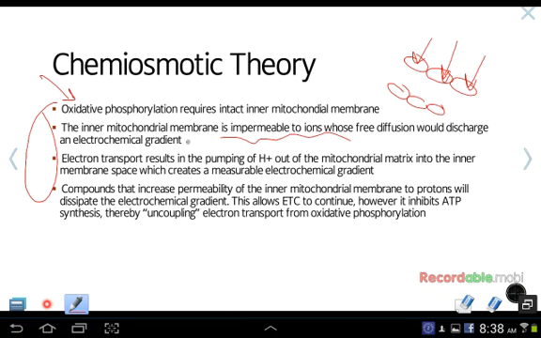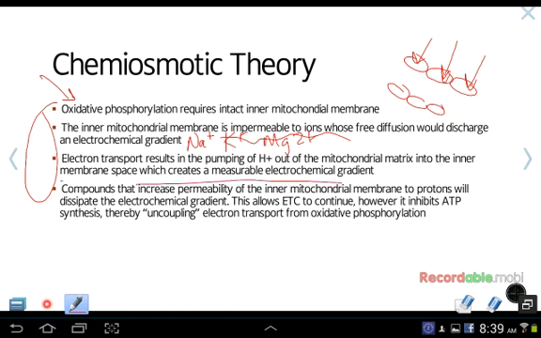So that also encompasses sodium as well as potassium and magnesium. Because if these ions could also go through the membrane, then that would also dissipate the electrochemical gradient we're trying to make. Electron transport results in the pumping of protons out of the matrix into the intermembrane space, which thus creates the electrochemical gradient.